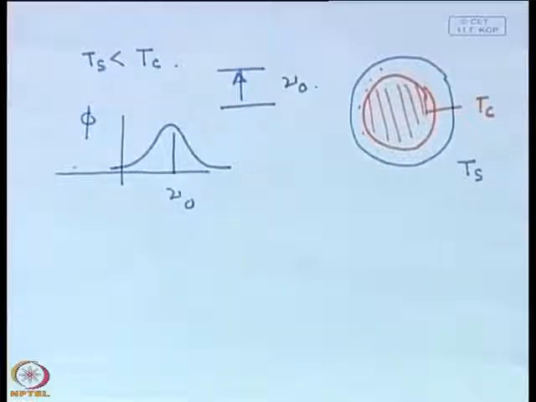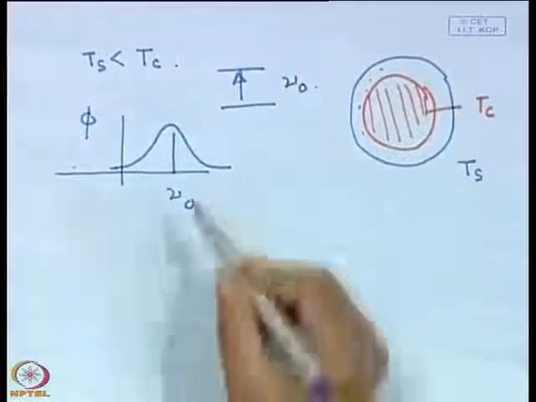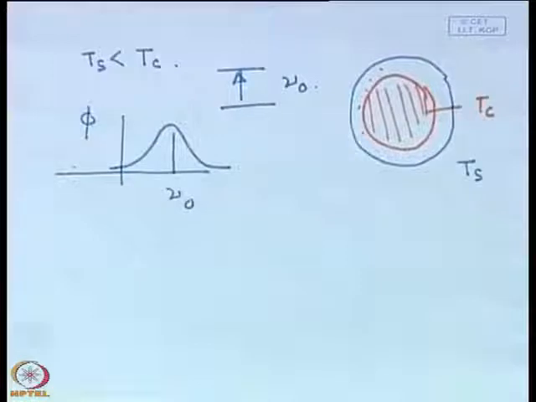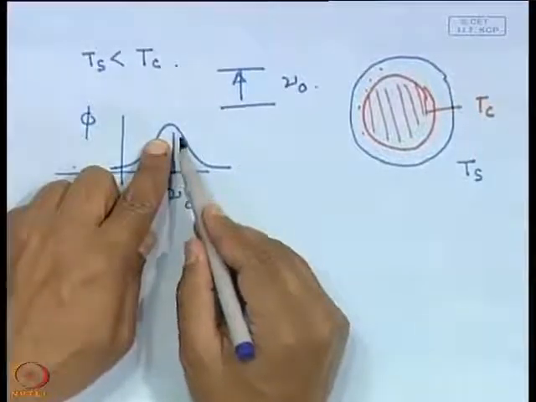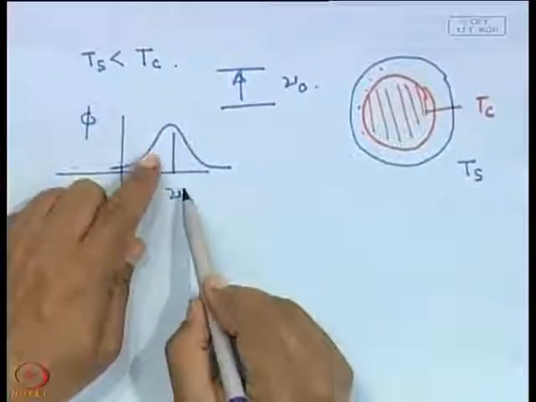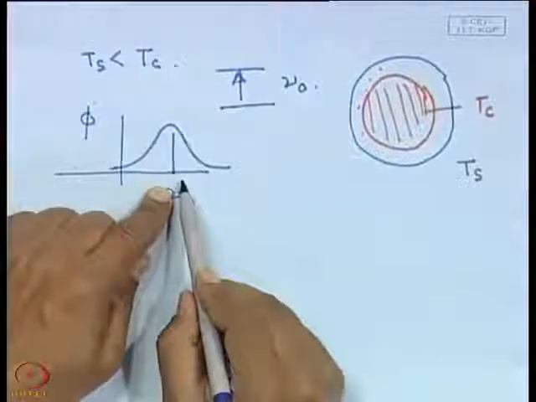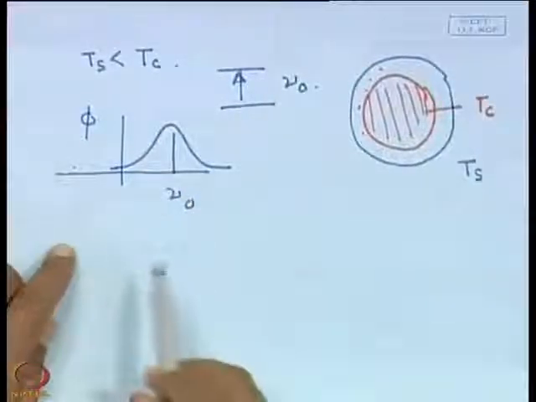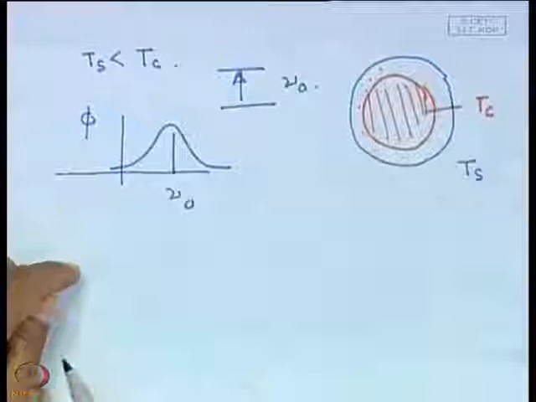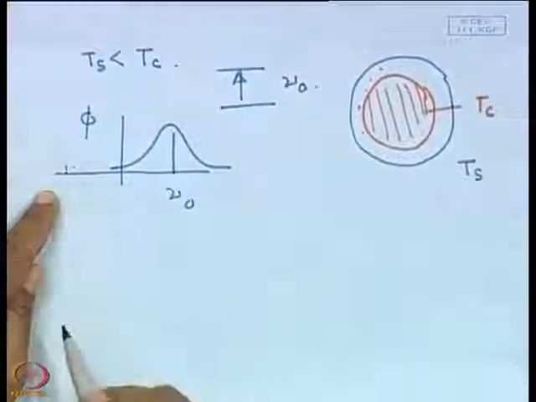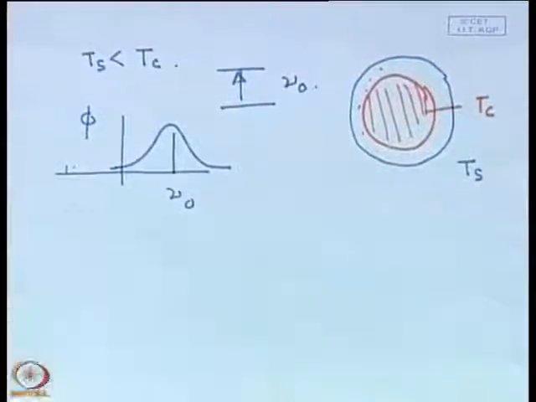Okay, so the absorption coefficient alpha is large when you are near nu naught, for this material outside. But if you are away from nu naught over here, the absorption coefficient is extremely small, and the optical depth is proportional to the absorption coefficient.